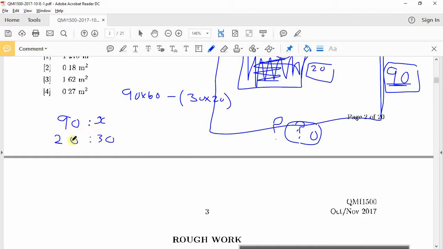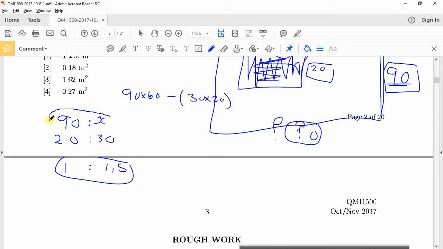So what proportion is this in? Well, let's see. 1 unit there would be in the proportion of 30 divided by 20. 30 divided by 20 is 1.5. Okay, so that's the proportion.